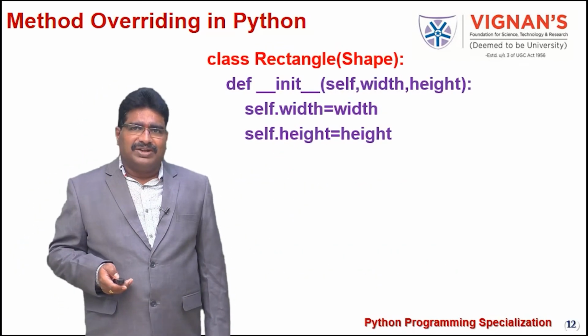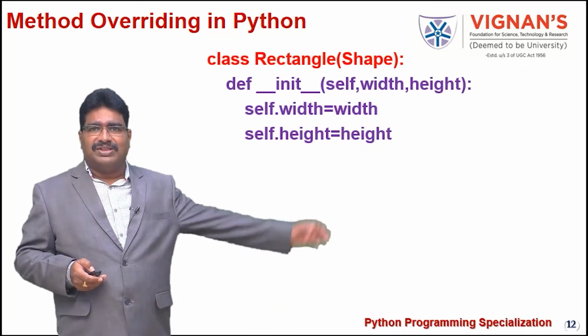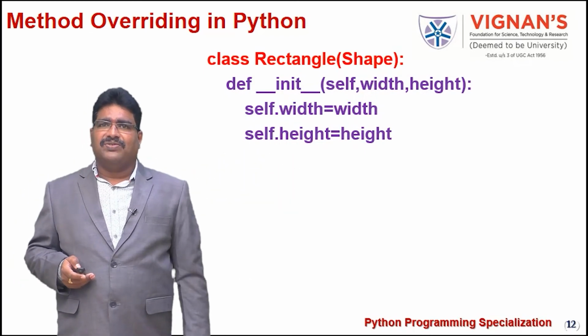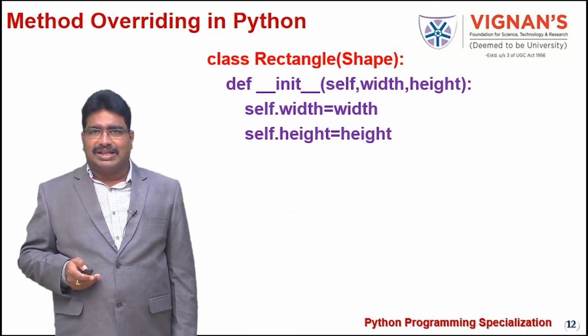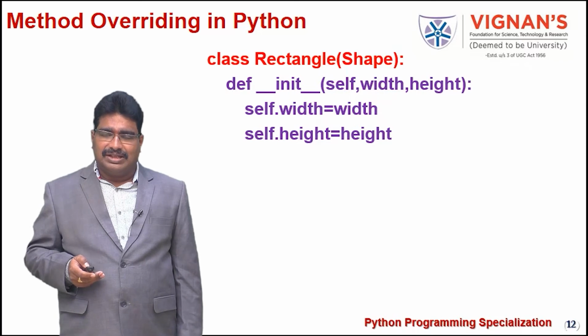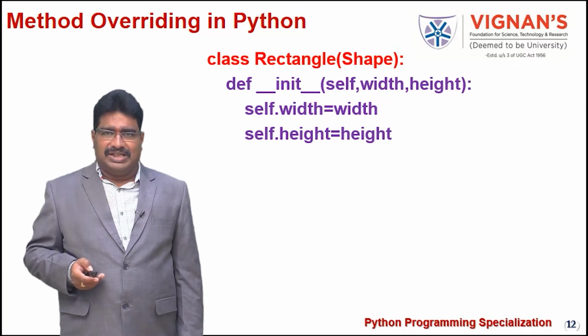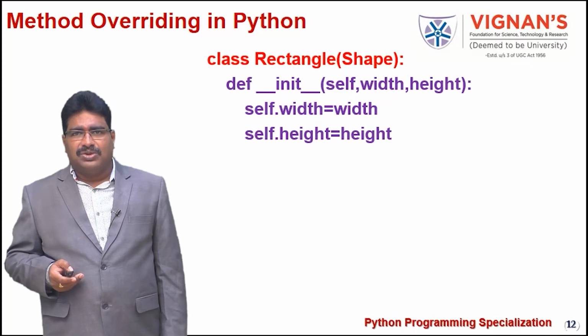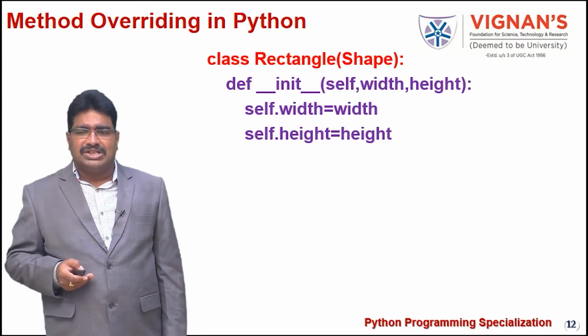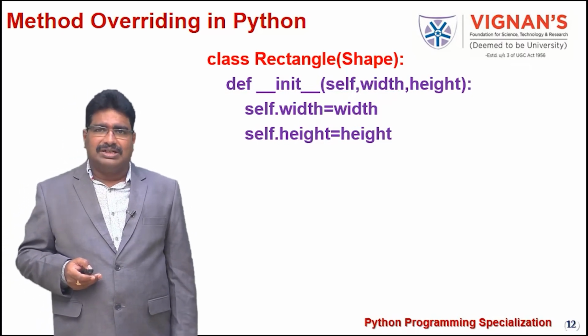Now we define the Rectangle class. It is derived from Shape, so the Rectangle class automatically inherits two methods: perimeter and area. We already know that every rectangle consists of two parameters, width and height.